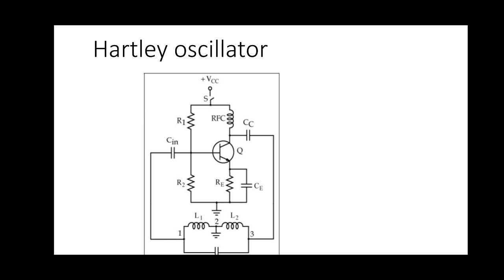So the RFC permits only the flow of DC and does not allow the AC, because otherwise the power line would affect the output signal.